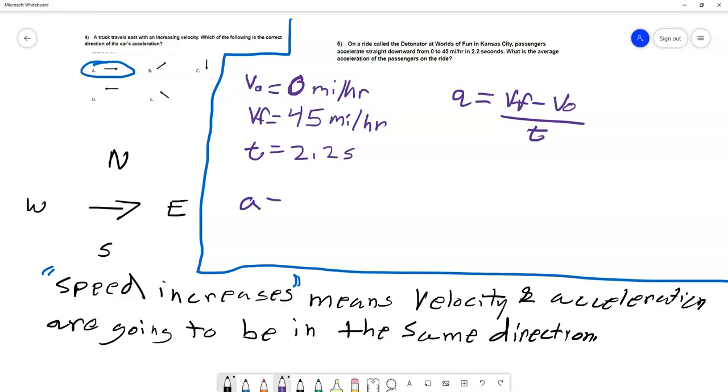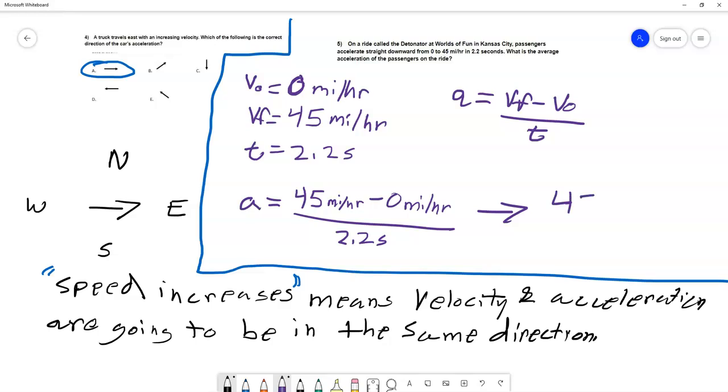A equals V final, 45 miles an hour, minus 0 miles an hour, over my time, which is 2.2 seconds. So when you subtract that out, you get 45 miles an hour over 2.2 seconds.